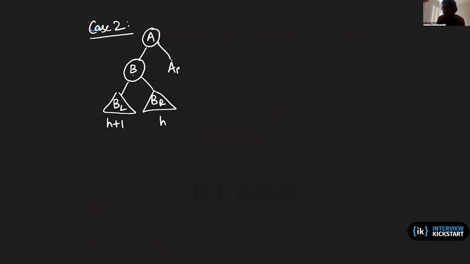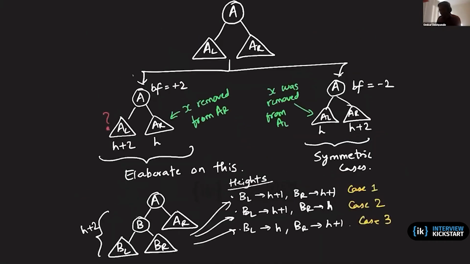So case 2 is where this subtree has a height h plus 1, this subtree has a height h, and AR has height h as well. Going back to this diagram, this is where we are. B sub L has a height h plus 1, B sub R has a height h.